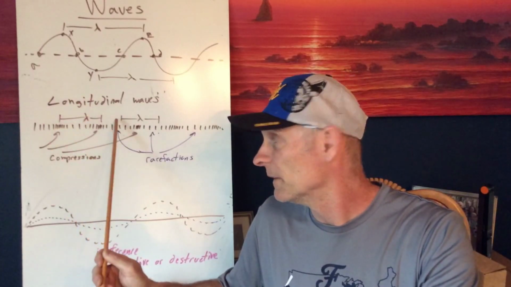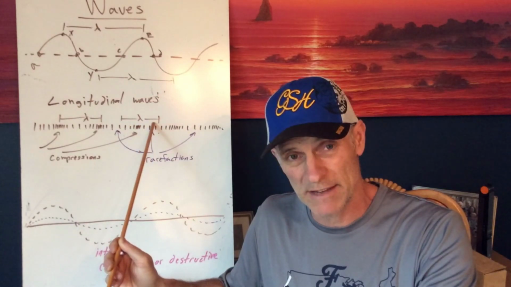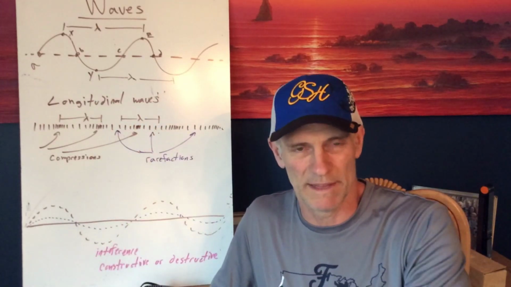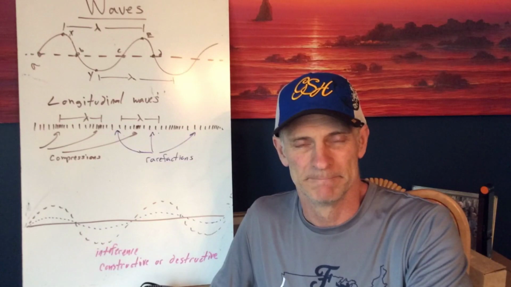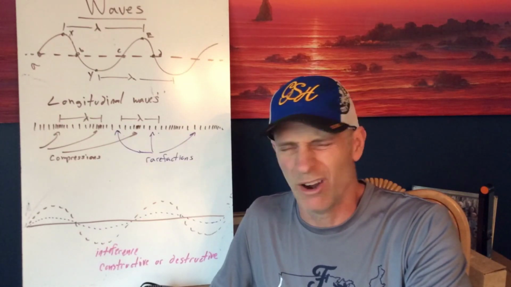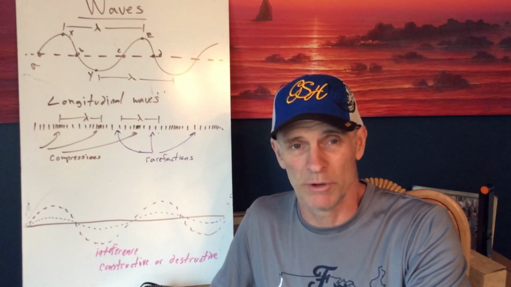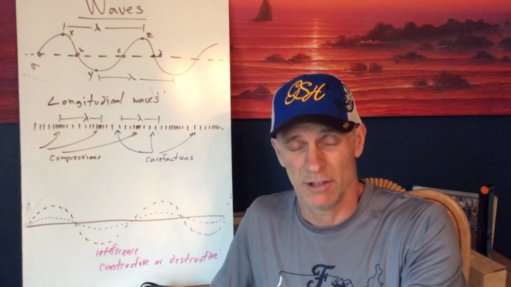And the distance from the middle of a rarefaction to the middle of the next rarefaction would also be called a wavelength, and it would be the same number. Longitudinal waves are a little bit harder to visualize, but they're very important, as all sound waves are longitudinal.